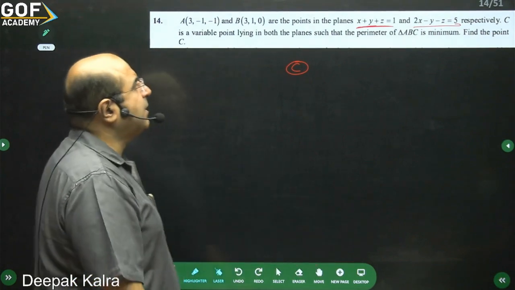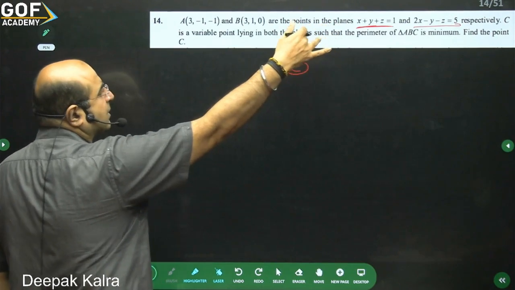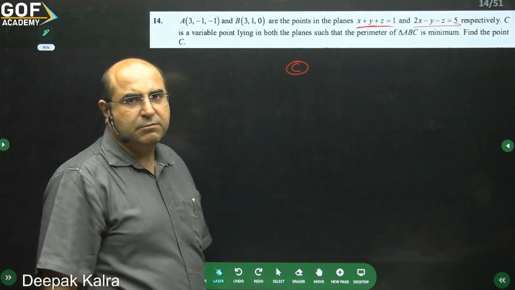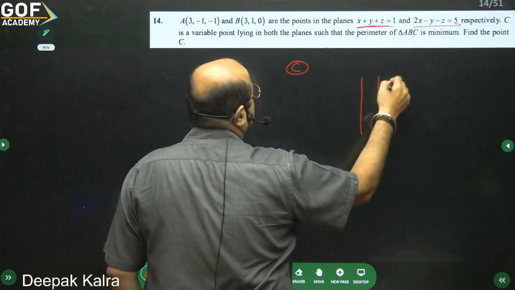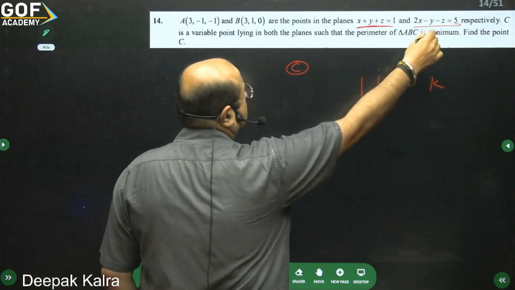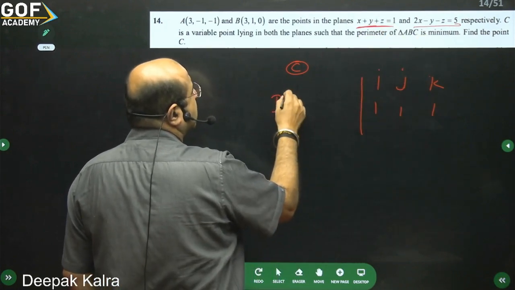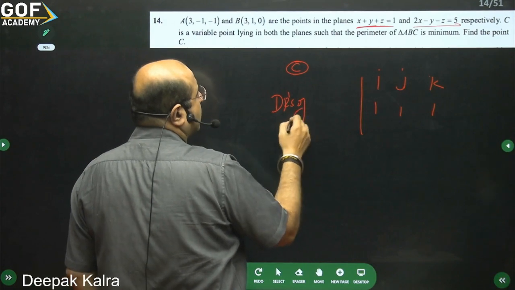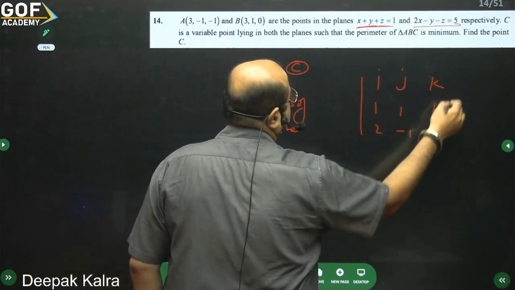You understand? These 2 points keep aside. First of all, get the line of intersection. To get the line of intersection, you have 1, 1, 1. I am calculating the cross product, means the direction ratios of the line of intersection. You know that? The cross product of the direction ratios of the normals.